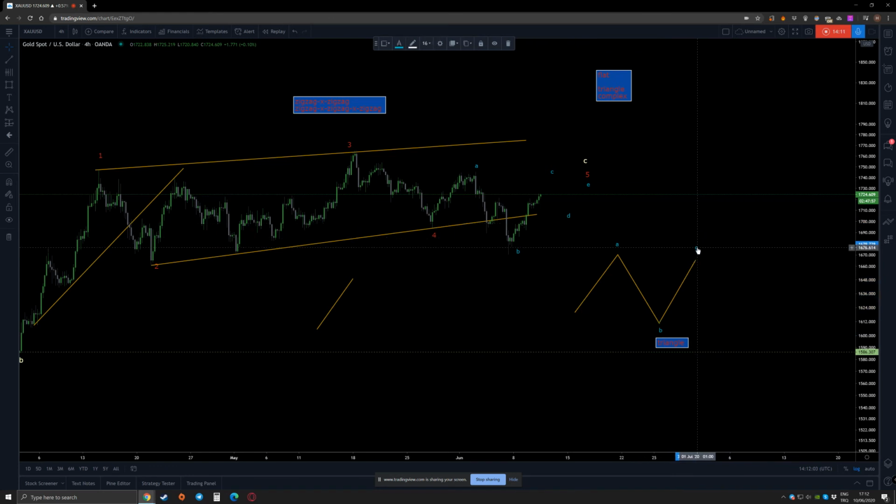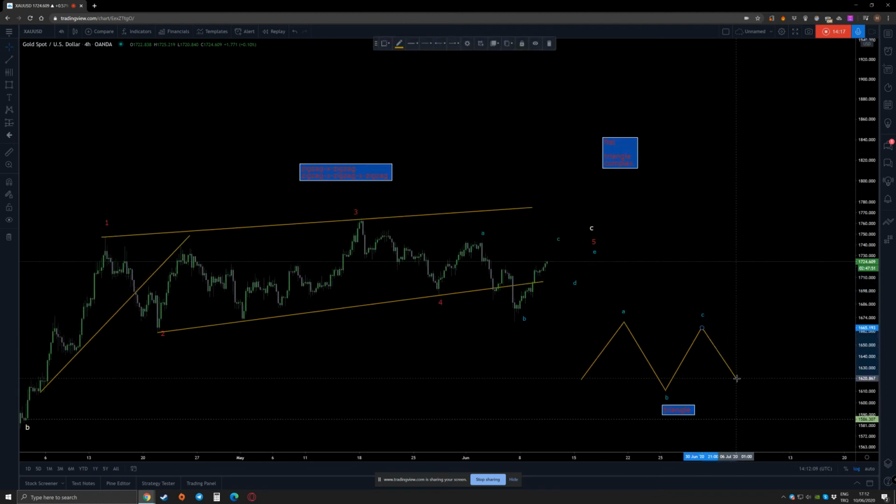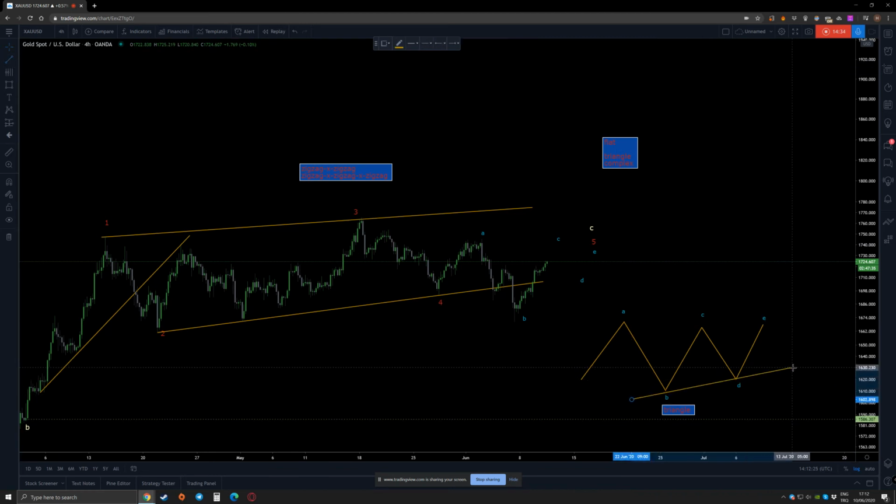So let's say that we have a triangle like this. So we have a C wave, and we have a D wave, something like this, and we have an E wave, maybe something like this. Now, if you have something like this, what I would do is wait for the B to D trend line to be broken.